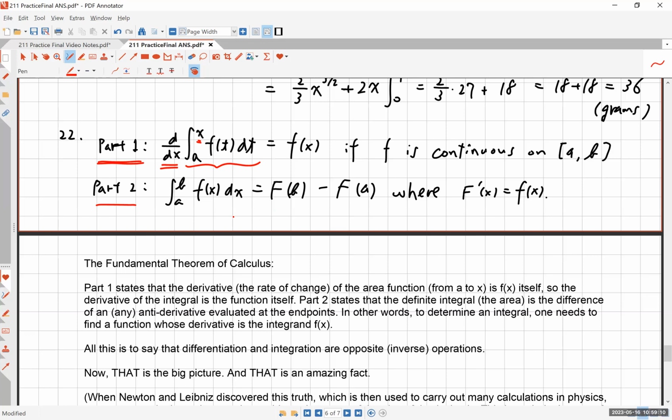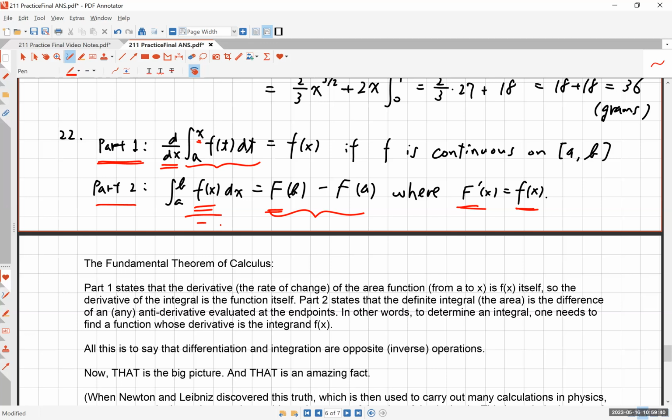All you have to do is find one antiderivative, capital F, whose derivative is the lowercase f, evaluate that F at b and a and find the difference. That is how you determine the value of a definite integral. You use the antiderivative, evaluate it at the 2 endpoints, and find the difference, okay? Capital F is called the antiderivative of lowercase f because the derivative of capital F is the lowercase f.